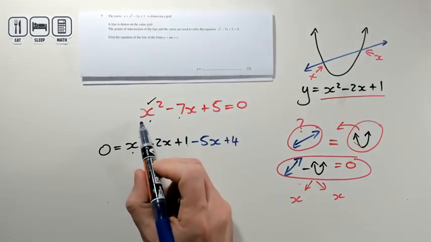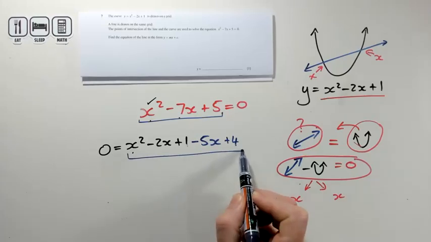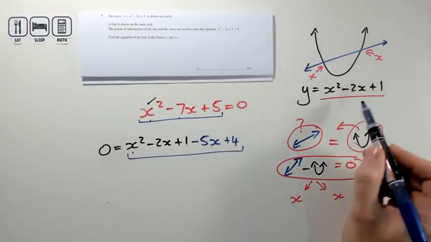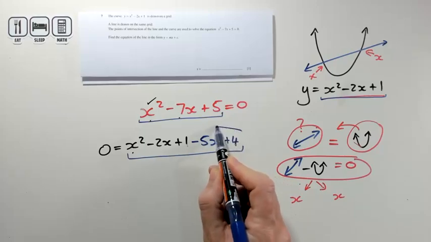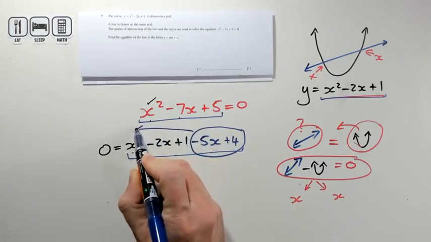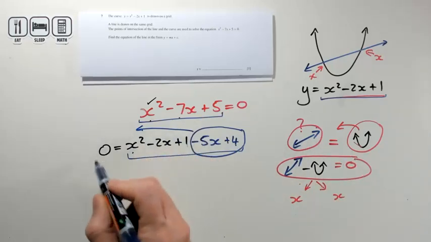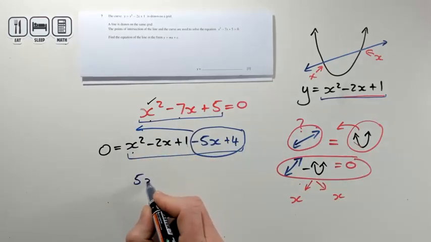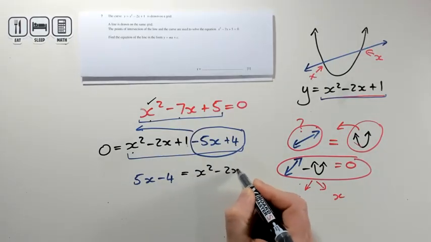So what I did now is this is equal to this, but I took out the parabola. And now all I need to do is, this is the straight line, and I'm going to move that over to the other side because that's what I want. So I'm moving this over and it becomes 5x minus 4 equal to x squared minus 2x plus 1.